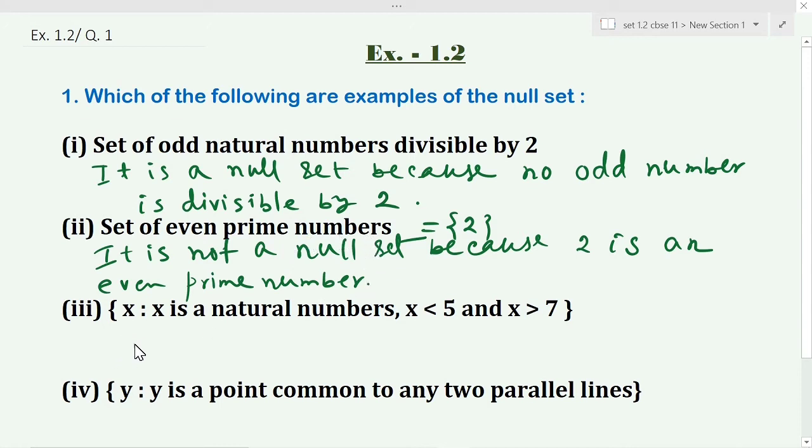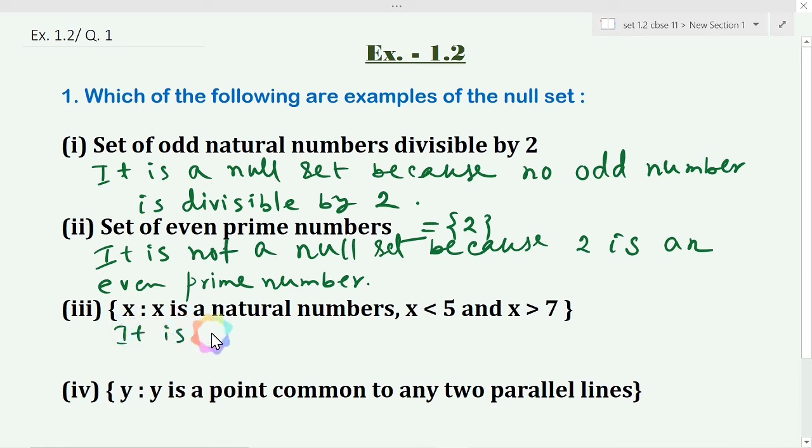Now the third question says: x such that x is a natural number and x is less than 5 and x is also greater than 7. Now x is less than 5 and x is greater than 7. So this is not possible. We cannot find any natural number like this. So it contains no elements.